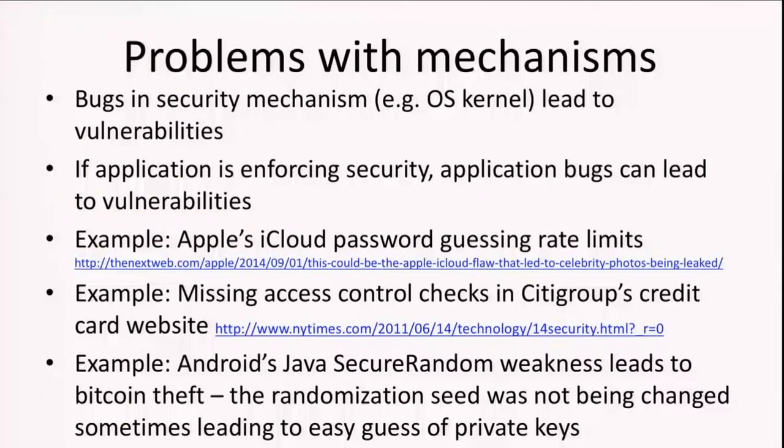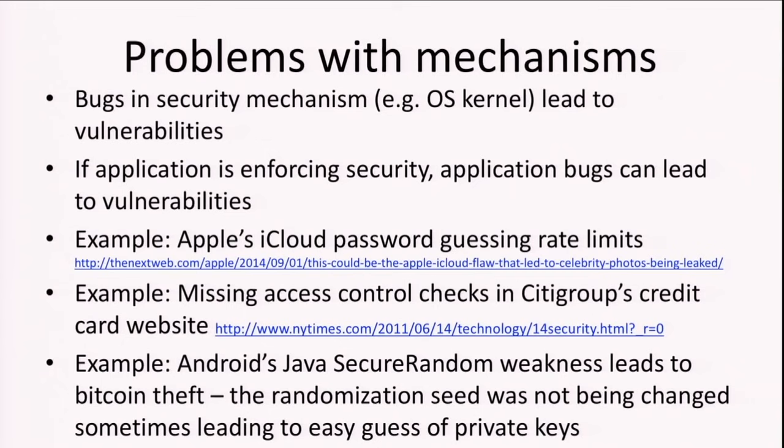One example here is that Apple's iCloud passwords were compromised for some celebrities, and some pictures were leaked. The way this happened was very interesting, because if you try iCloud's password, after 4 times it locks you out, right? So you cannot try random passwords and succeed.